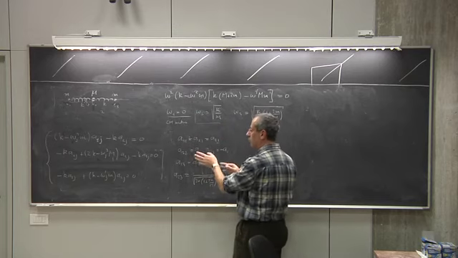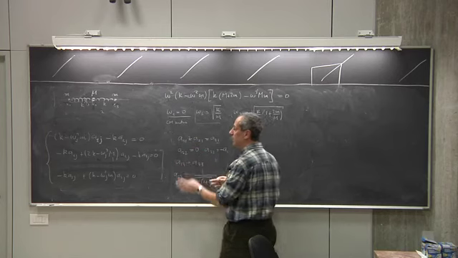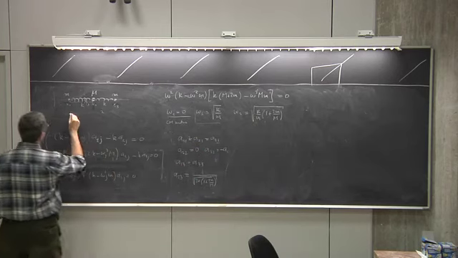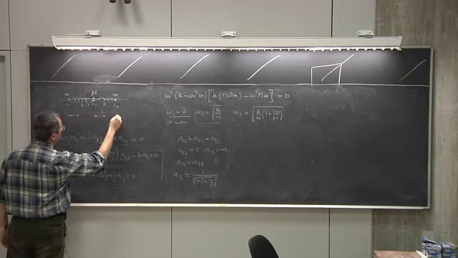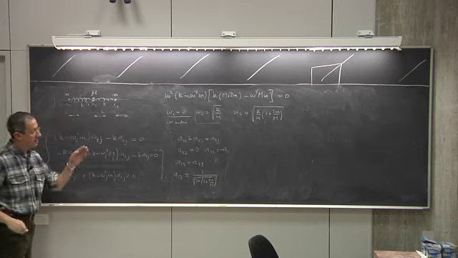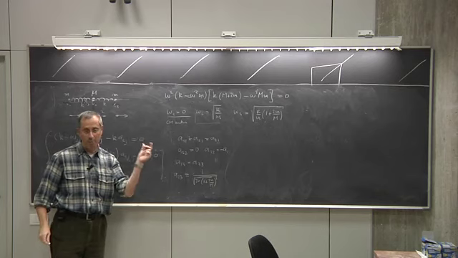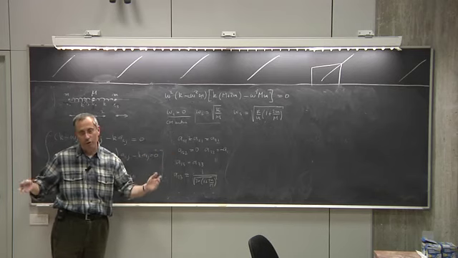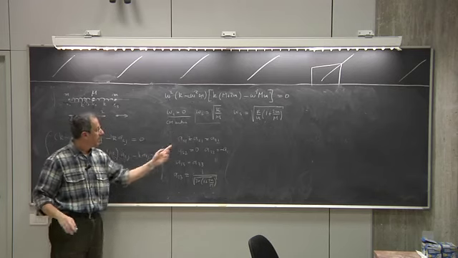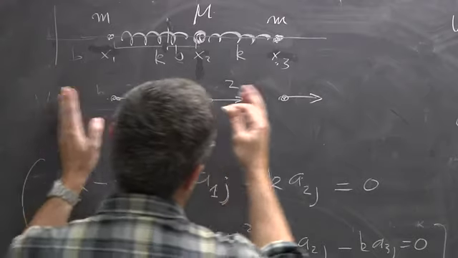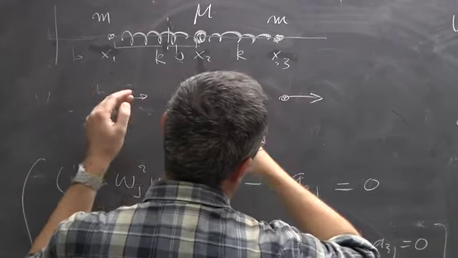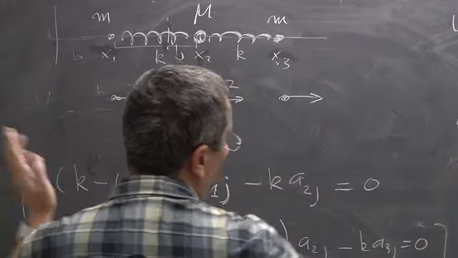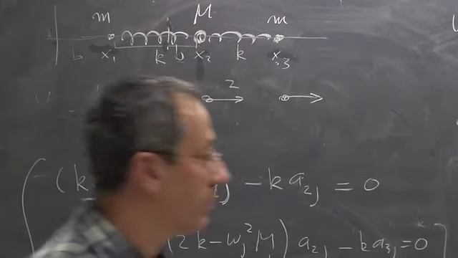You see, this is a mode in which your vectors, each component, are pointing in the same direction. So it's a motion like this, right? And they have the same amplitude, right? There is an overall factor that I have to fix. But as I said, this is a motion in which your H2O simply translates in one direction or in the opposite direction. So this is the motion of the center of mass.